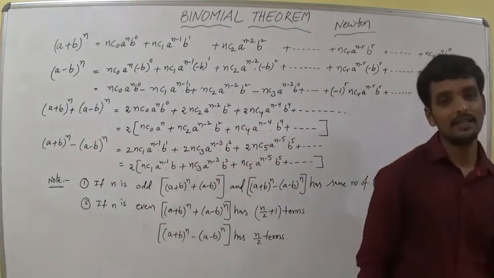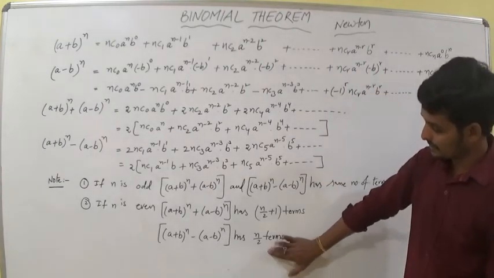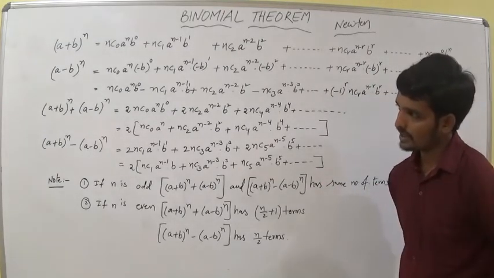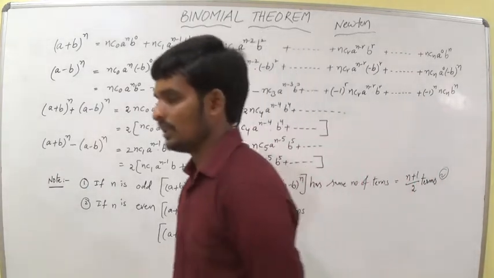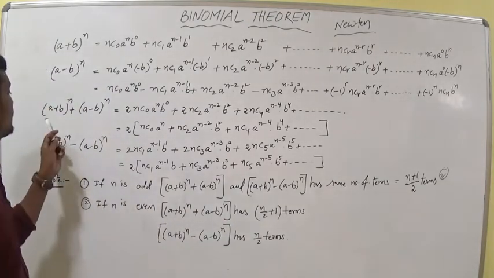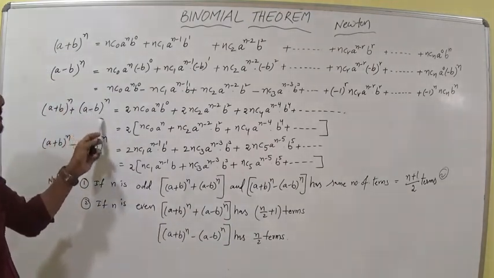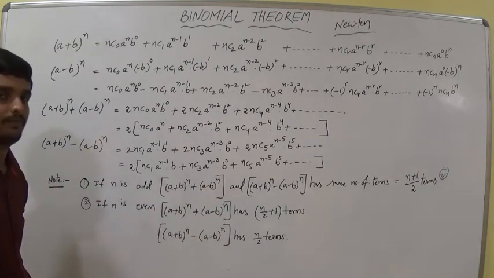Observe and get some more knowledge from the second expression. If the value of n is even, the first one, (a plus b) whole power n plus (a minus b) whole power n, has n by 2 plus 1 terms.